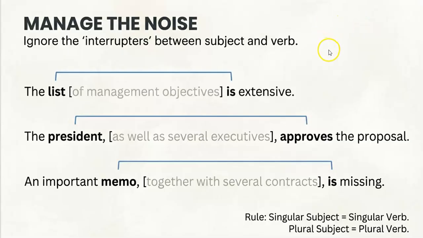But let's take, for example, the sentence, the list of management objectives is extensive. So what we're going to do is just ignore the words of management objectives, and the true subject is the word list, which is singular, so we use the singular verb is. The list is extensive.